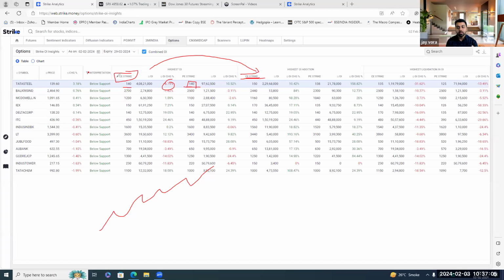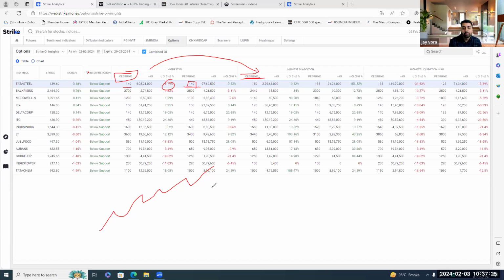So you also have to look at it from that perspective. If the call and put options are in a very narrow range, then on either side, if it breaks, a good move is possible.